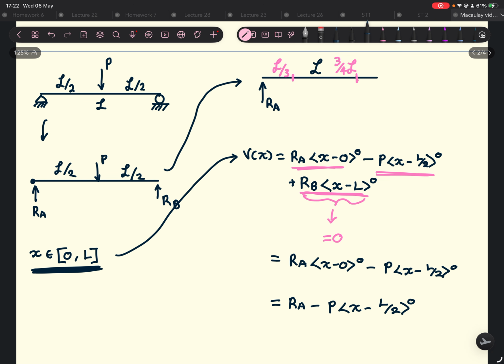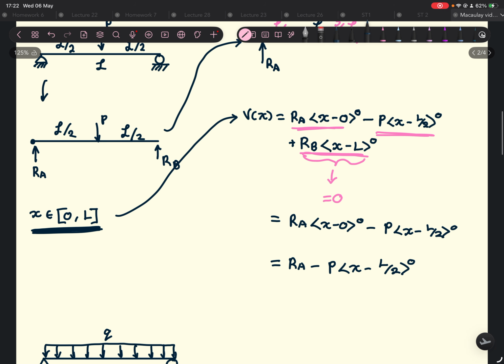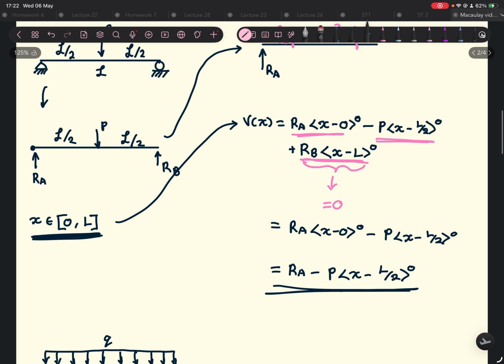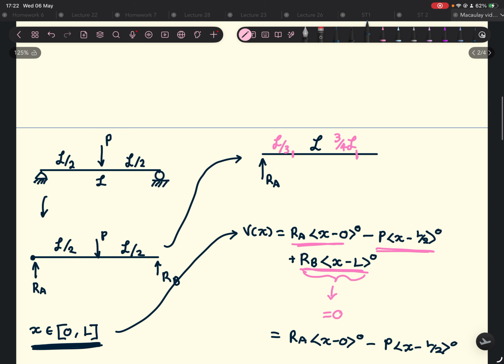And then you can also get the bending moments as well by differentiating this, and then integrating that, and then solving for the constants using your boundary conditions. So the boundary condition here, there mustn't be a moment here, there mustn't be a moment there.